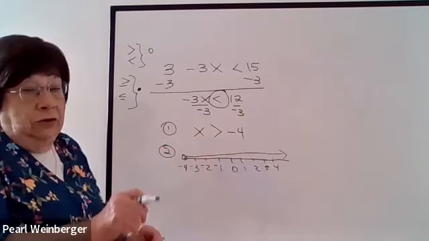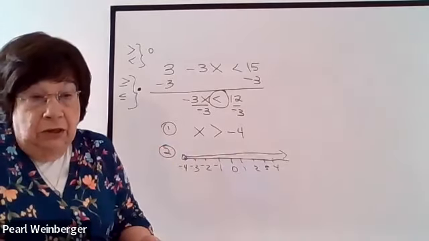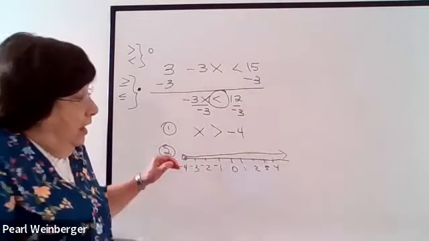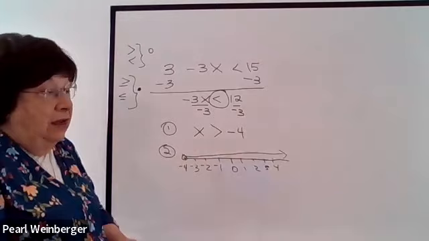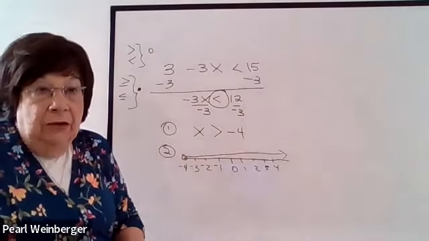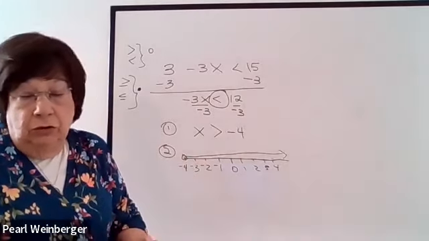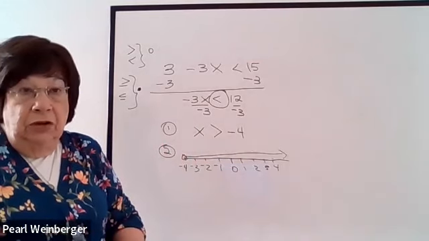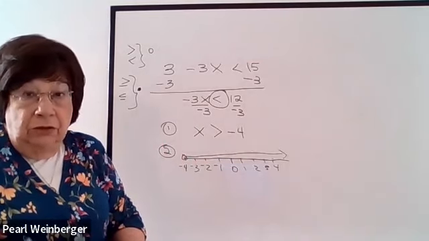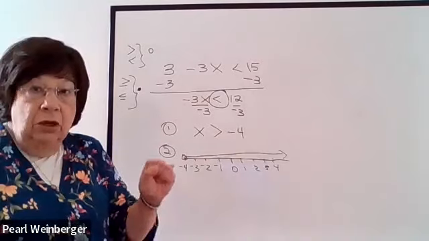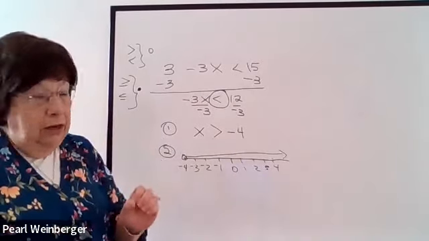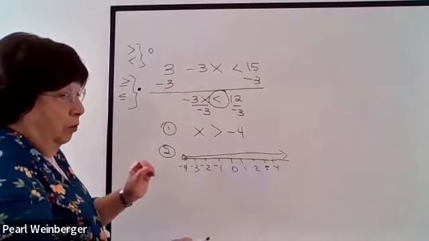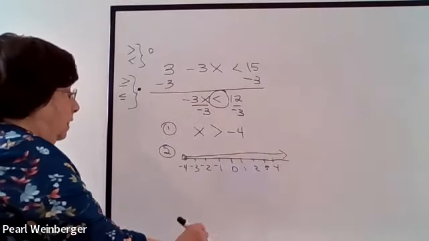So if you want the circle to be an open circle and not filled-in circle, after you've drawn your arrow, you have to go back and click on that -4 again, and that'll turn the filled-in circle to an open circle. So the default in Delta Math is going to be a filled-in circle. If you don't want a filled-in circle, you've got to click on it to get it into an open circle.